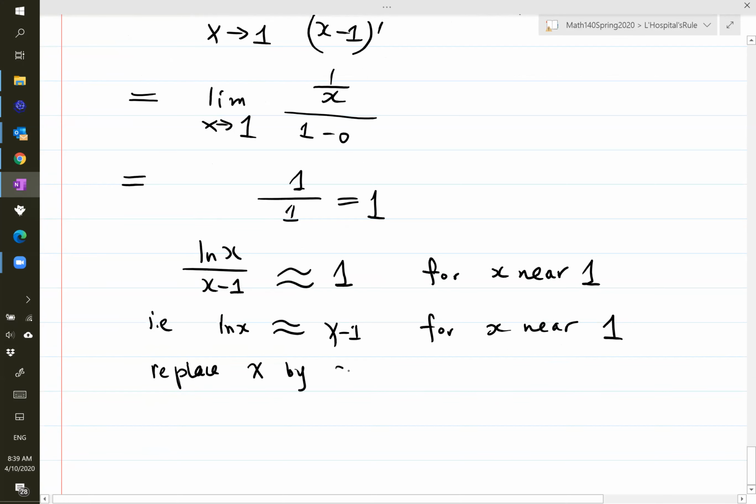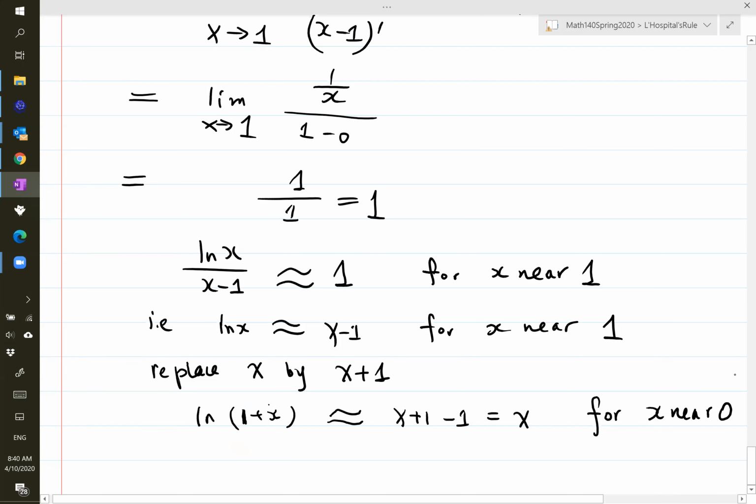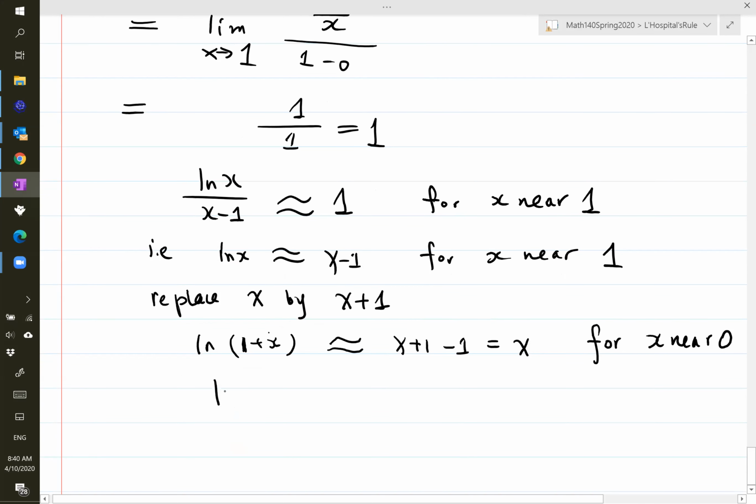You get ln of 1 plus x, which is really close to x plus 1 minus 1, which is x, for x near 0. Because we added 1, when x is near 0, x plus 1 is near 1. So ln 1 plus x is really close to x.